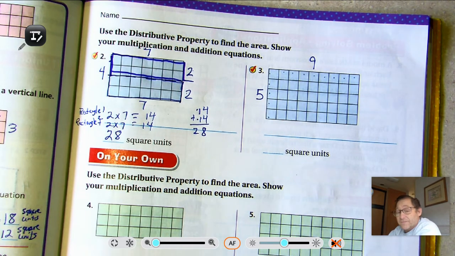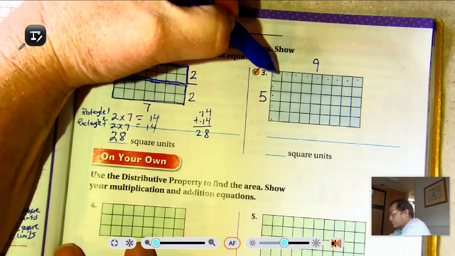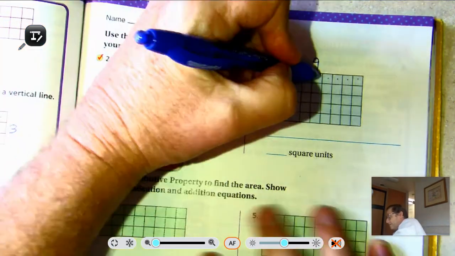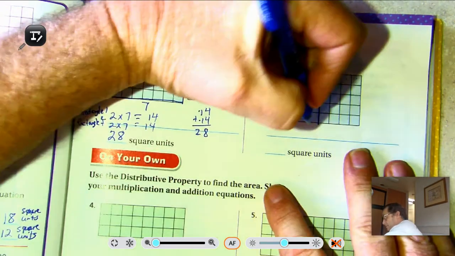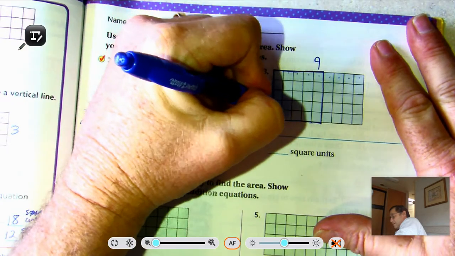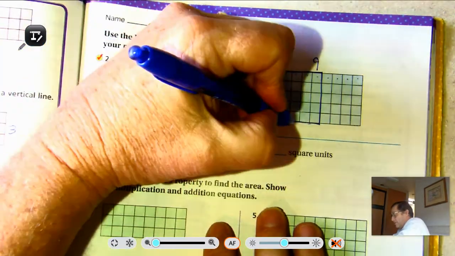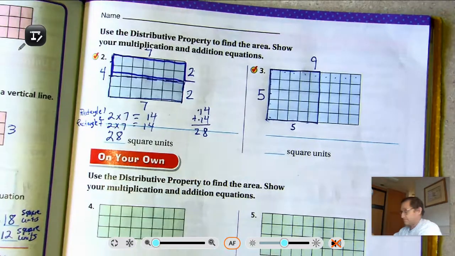I do like to multiply 5 times 5. So let's break apart the 9 into 5s and 4s. 1, 2, 3, 4, 5. So this rectangle here is now a 5 by 5.